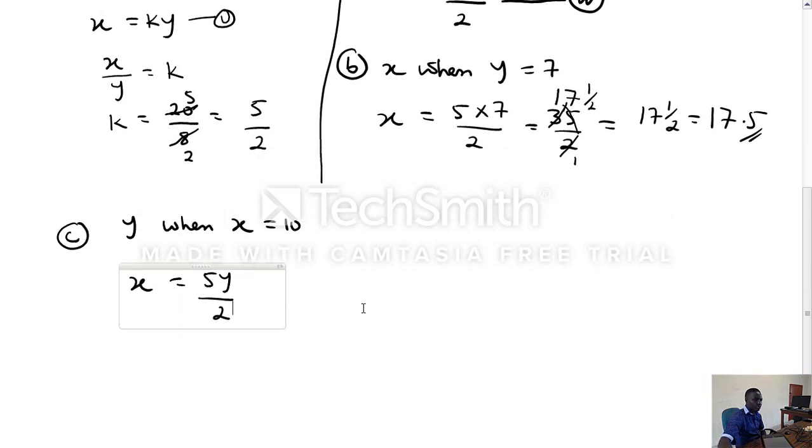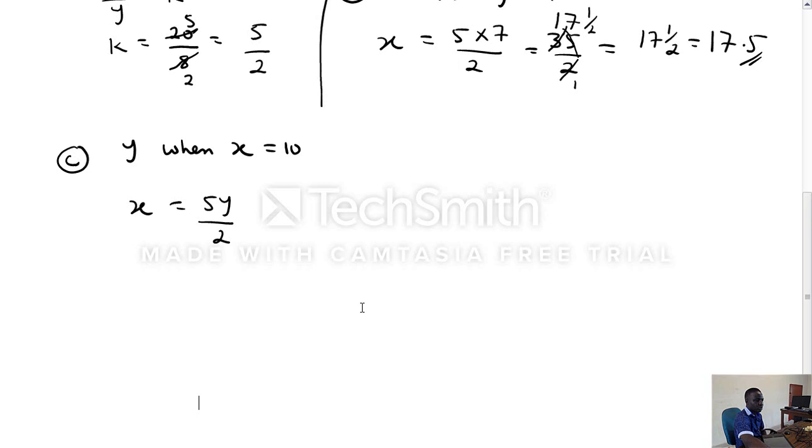What we can do is we can substitute and simplify. So I'm going to substitute 10 for x into this equation and then simplify. Whichever suits you, you can solve. Either you simplify before you substitute or you substitute before you simplify. Both are still the same thing. So this is going to be 10 is equal to 5y over 2.